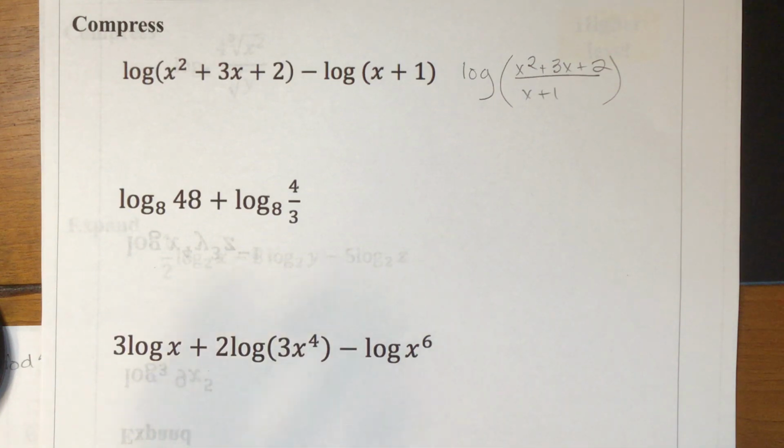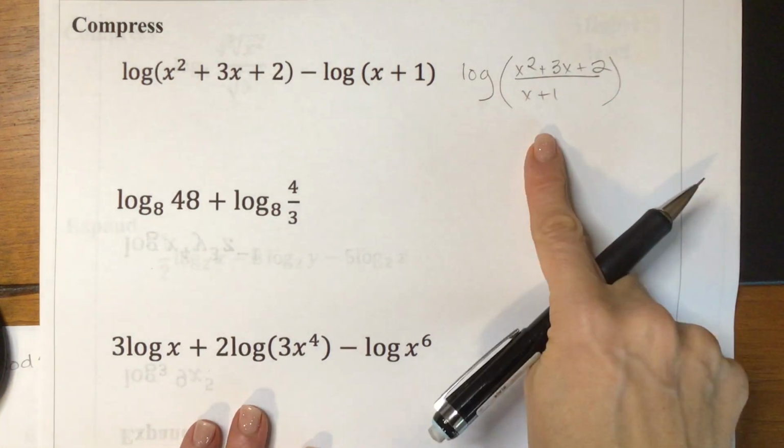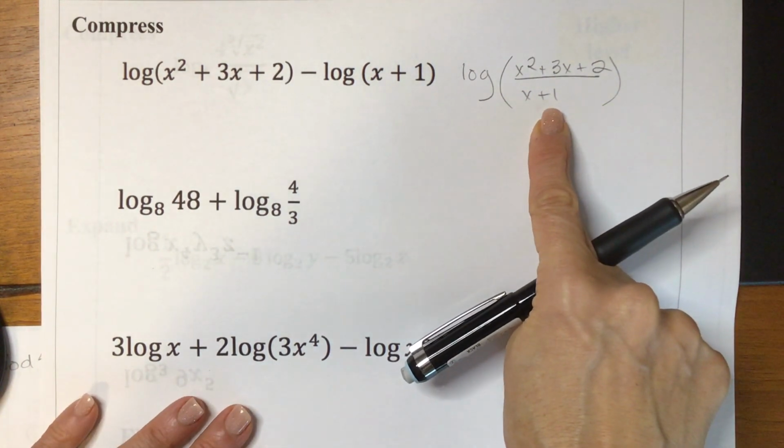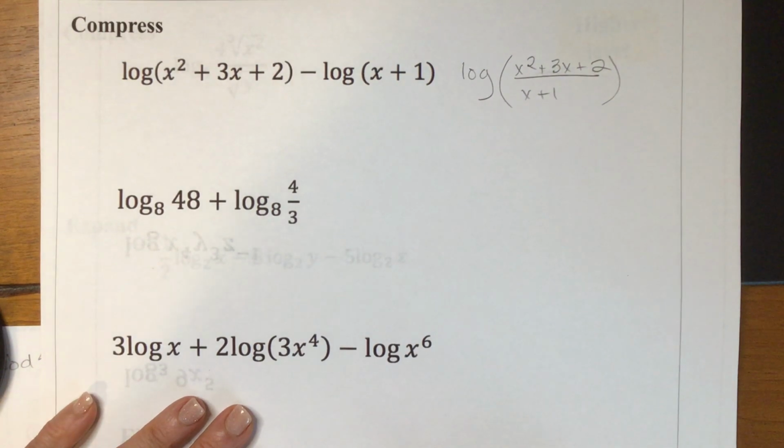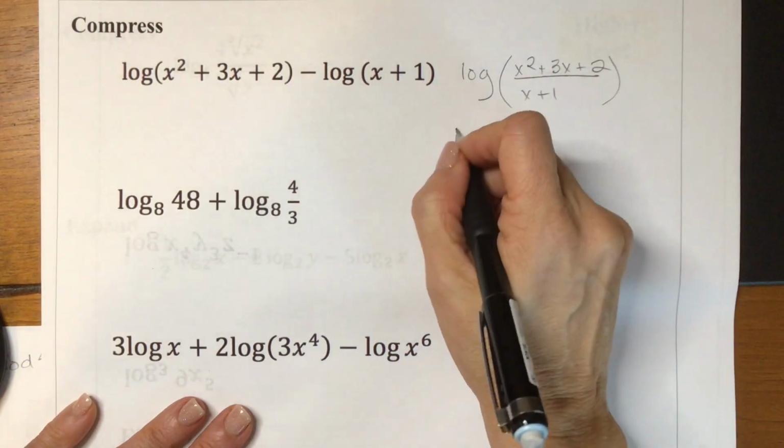But now we really need to focus on making sure what's in the parentheses is fully simplified. So I'm going to factor this to see if I can simplify any more.